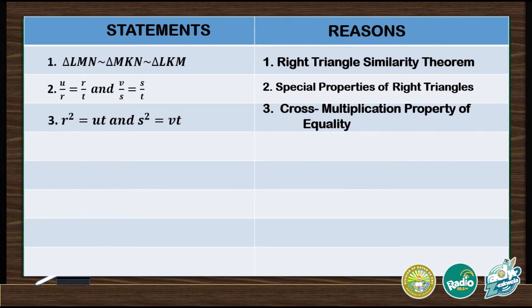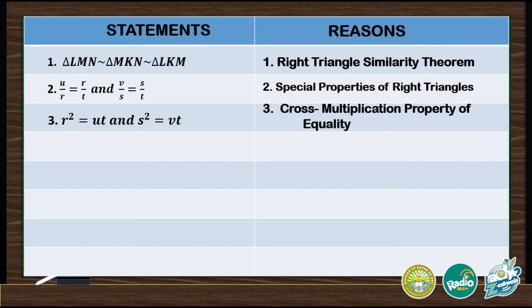For the next statement, the hint is you need to add S squared to both sides of R squared equals UT in statement 3. What should be the answer?